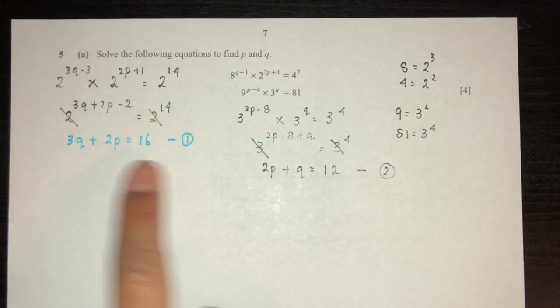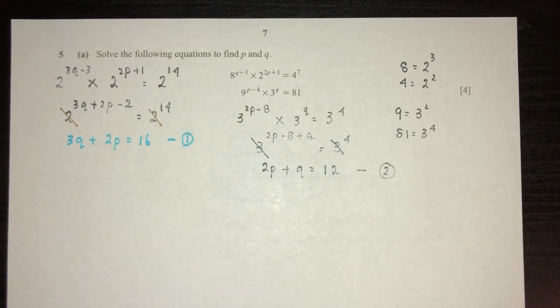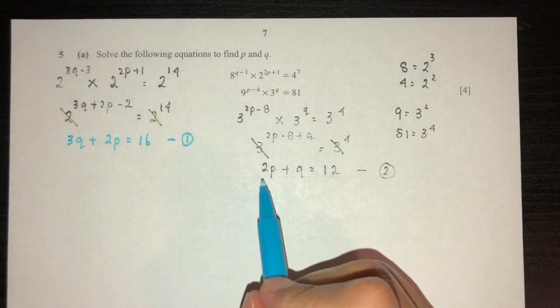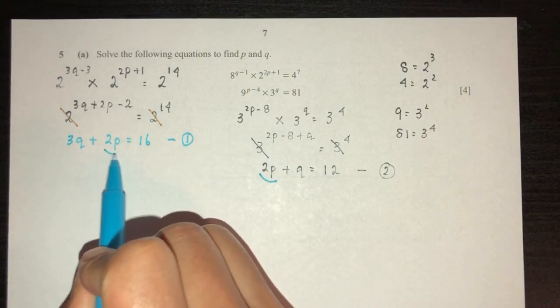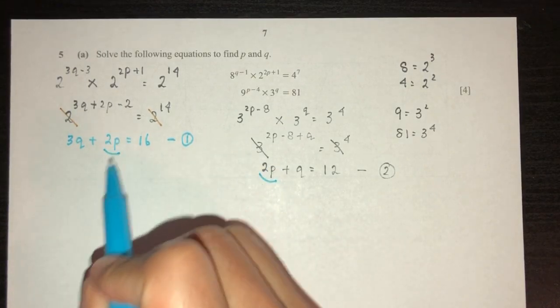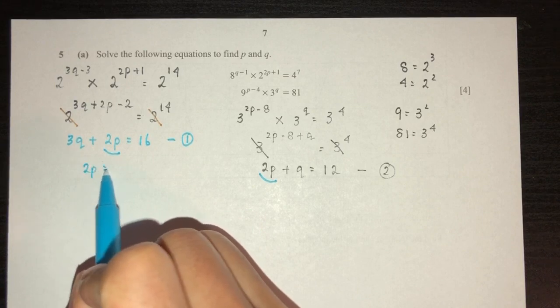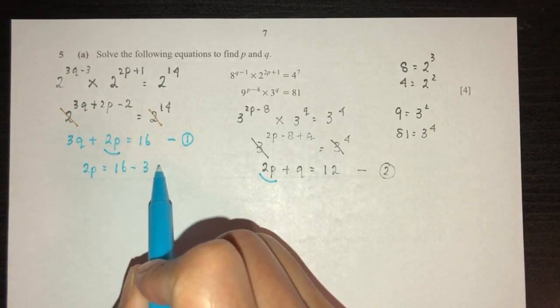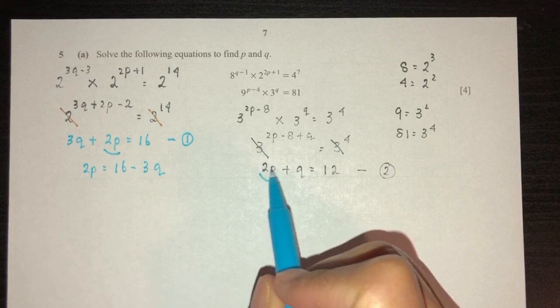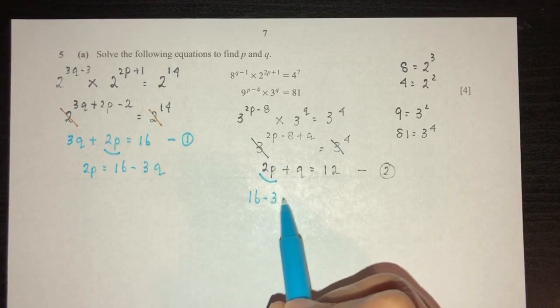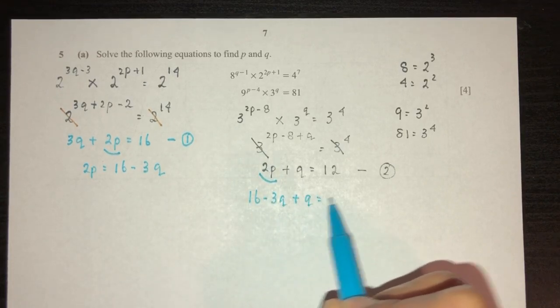So now we have two simultaneous equations that we have to solve, step by step. Here we have 2p, and here we have 2p. So let's make this one the subject of the formula. 2p is equal to 16 minus 3q. Replace 2p in this one, you will have 16 minus 3q plus q is equal to 12.